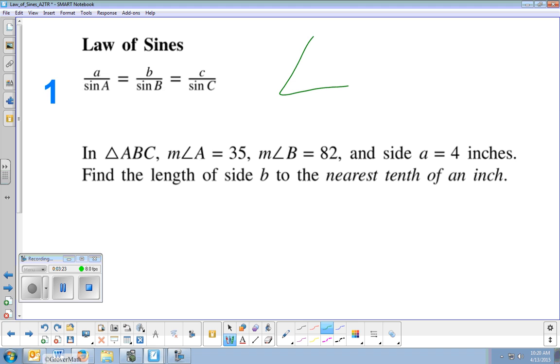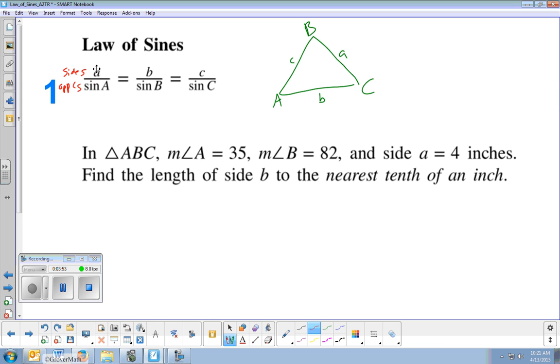If I draw a quick little picture of triangle ABC, here's angle A, which makes this side A. We'll call this angle B, which makes this side B, and we'll call this angle C, which makes this side C. So notice that the lowercase letters on top, side A, B, these are sides. And sine A, sine B, sine C, these are the opposite angles of those sides, right?